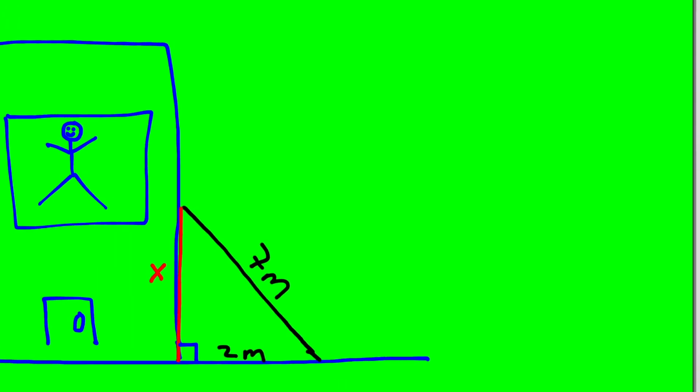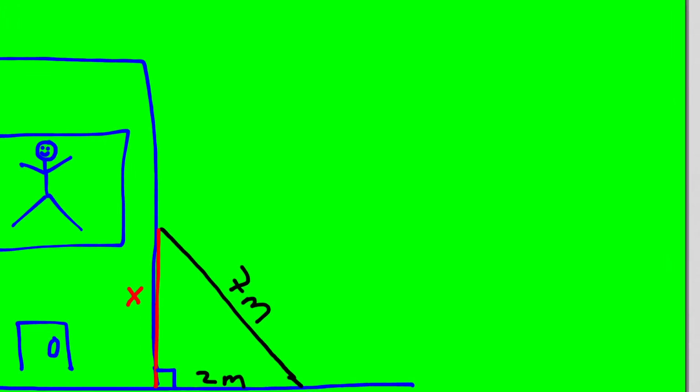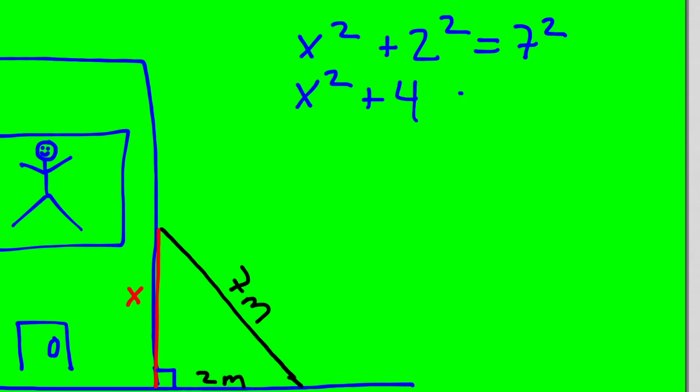So we can use the Pythagorean theorem to figure out the length of how far that ladder is up the wall of the building. So the Pythagorean theorem for this question would state x squared plus 2 squared. The squares of the legs, add them up, equals the square of the hypotenuse. Keep solving our squares. x squared plus 4 equals 49.